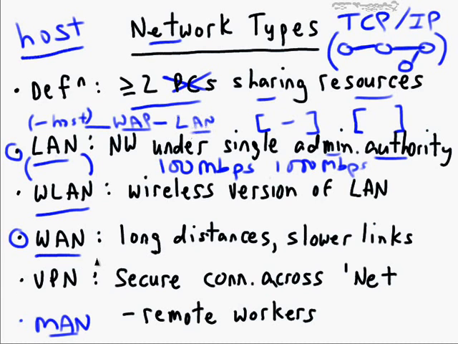Yet another network type is what's called the virtual private network, or VPN. This is meant to give remote users, that is, folks who are outside the organizational jurisdiction of their LAN, secure access to corporate resources from a very unsecure medium, the internet.